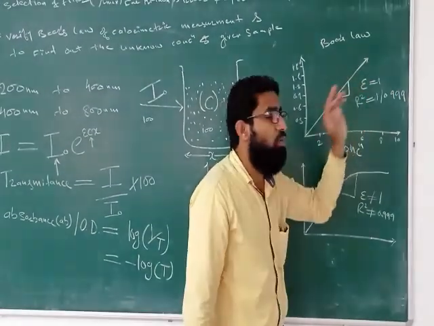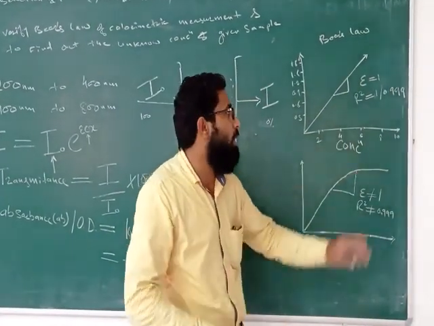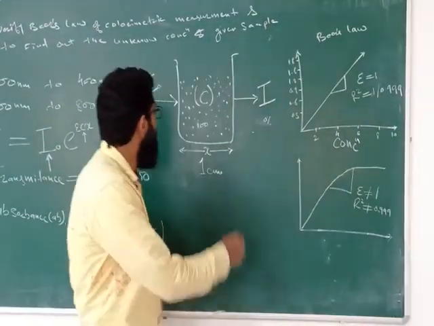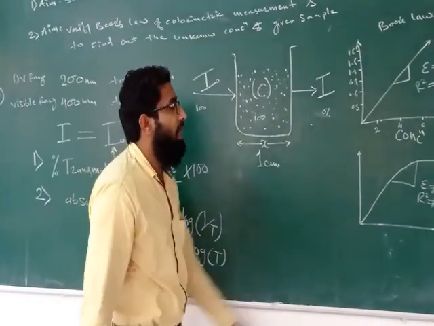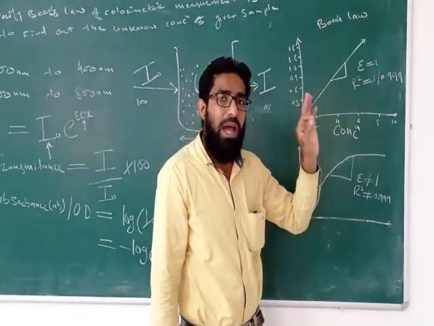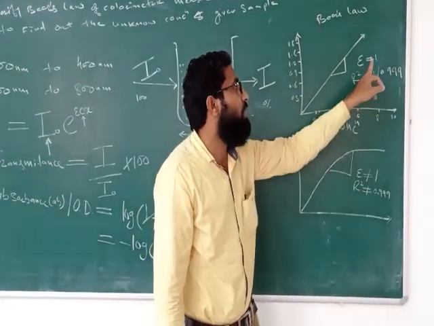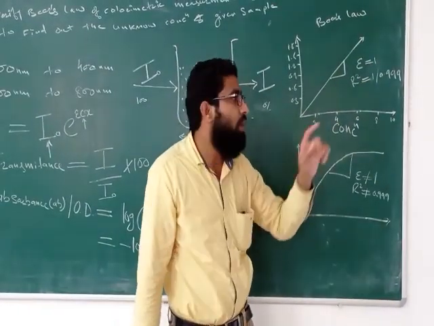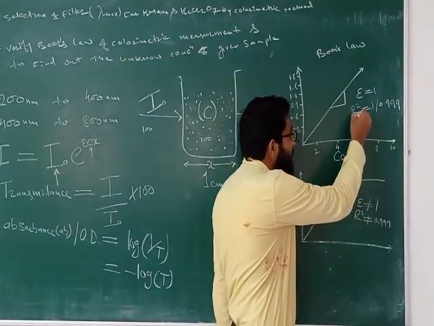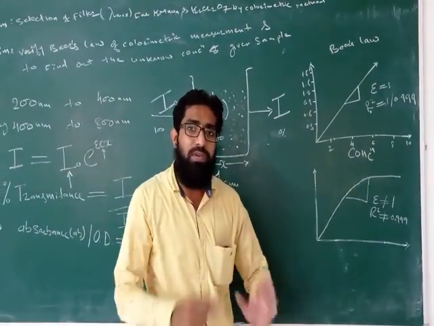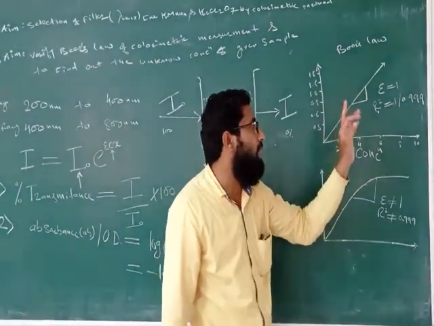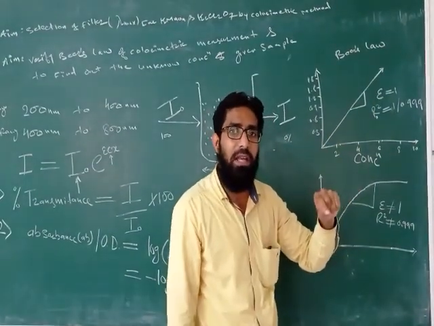The molar extinction coefficient is calculated based upon the slope of the graph. For an ideal dilute solution, R square is equal to 1. R square value is nothing but the deviation from linearity. If it is 1, then it is a perfectly linear ideal graph.